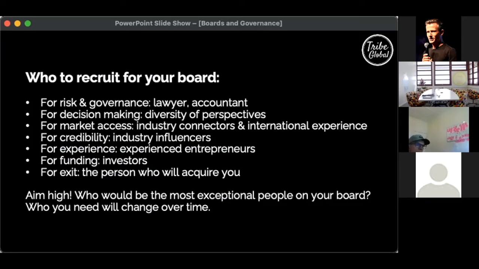Because that visibility, when that person sees everything you're doing and just that awareness, they're much more likely to buy your company than someone else's company who's a complete unknown. So thinking about who might acquire me in the future, and then actually getting that specific person in that organization to be on your board is really smart.